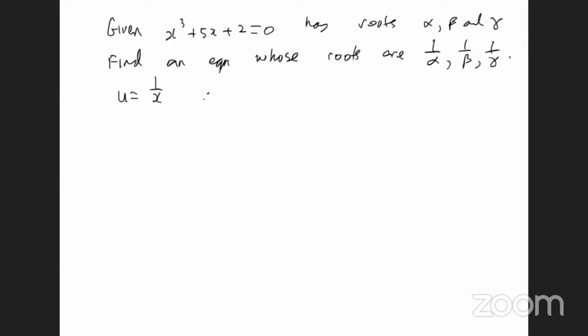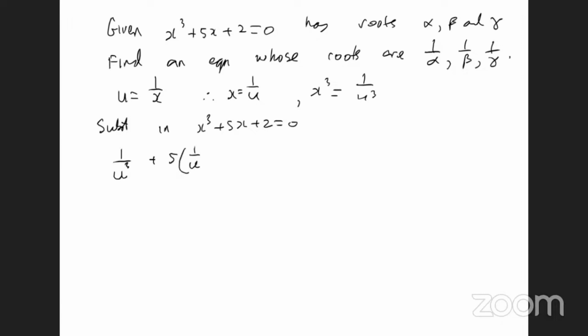So therefore, x is equal to 1 on u, which also means that x cubed is equal to 1 on u cubed. So when I substitute now in x cubed plus 5x plus 2, I will get 1 on u cubed plus 5 by 1 on u plus 2 is 0.